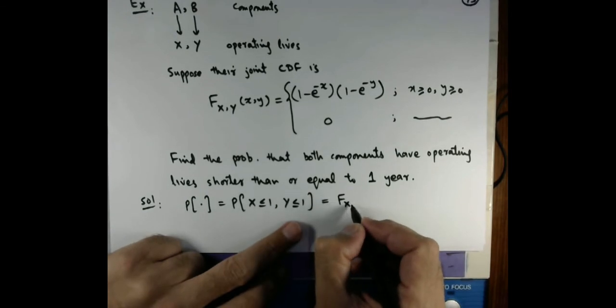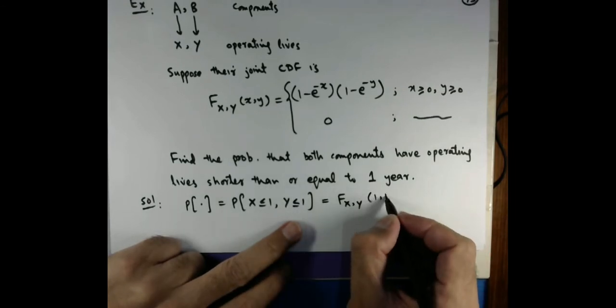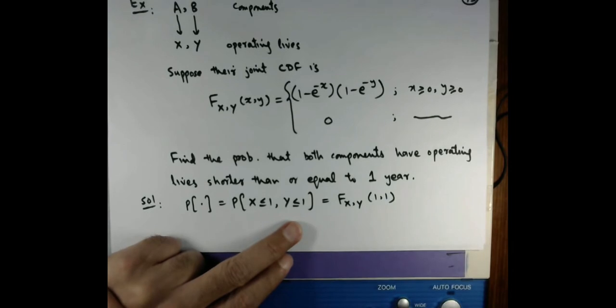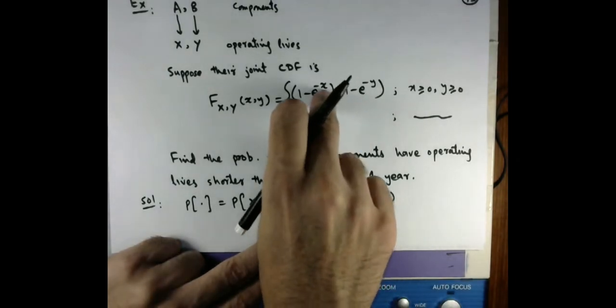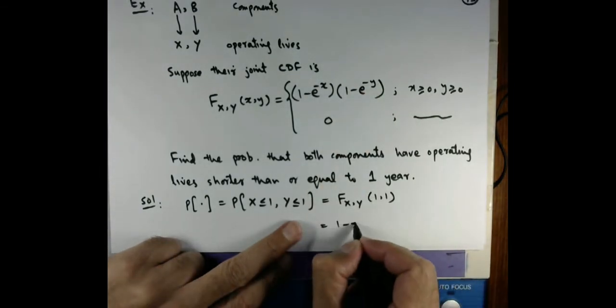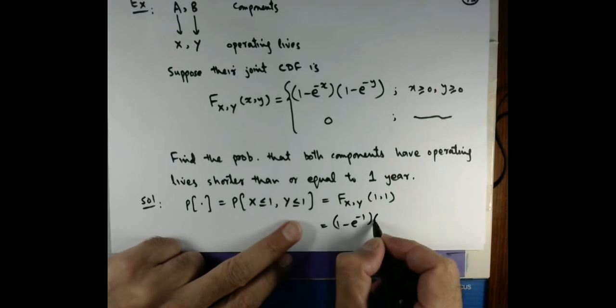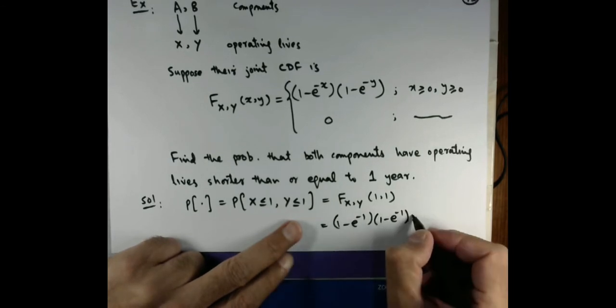I'll not explain the independence concept, because you already know what we mean by independence here. So this is what we need to calculate. Simply plug in x is equal to 1 here, y is equal to 1 here. So you obtain 1 minus e raised to power minus 1 times 1 minus e raised to power minus 1.